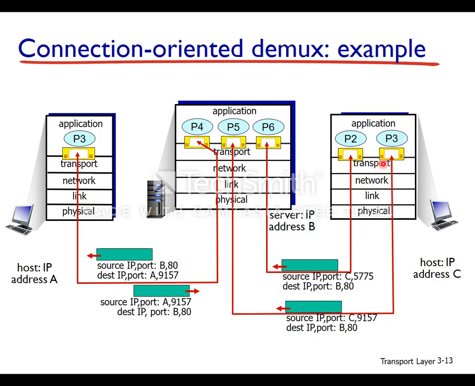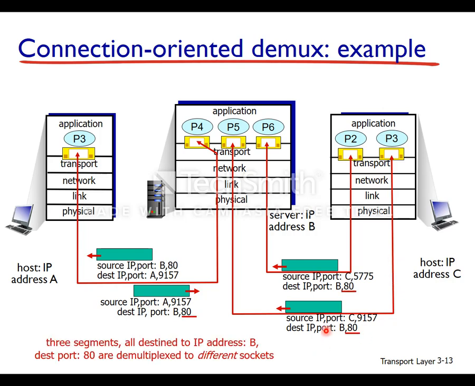So let's say the request from P3 will come from source IP C, source port number 9157, destination IP B, destination port number 80, and the request from P2 will come from source IP C, source port number 5775, destination IP B, destination port number 80. So what do we see here? We have three segments that are all going to IP address B, but guess what?